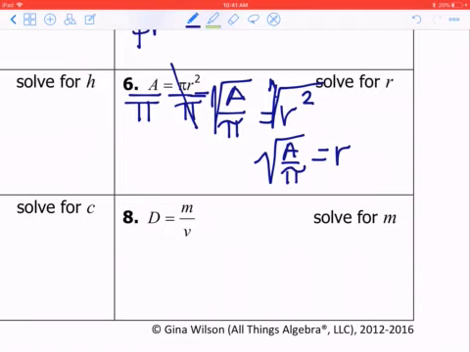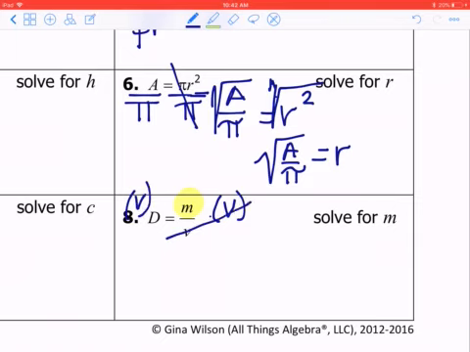Number 8, we're solving for m, which is in the numerator. So to get that alone, you have to take whatever's in the denominator and multiply it on each side. So we're going to times that side by v and this side by v.